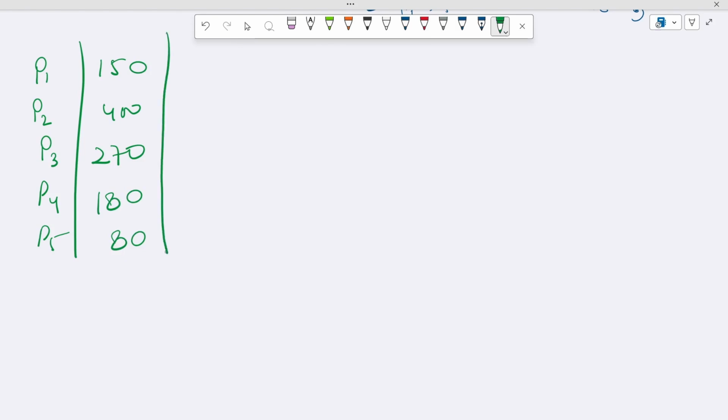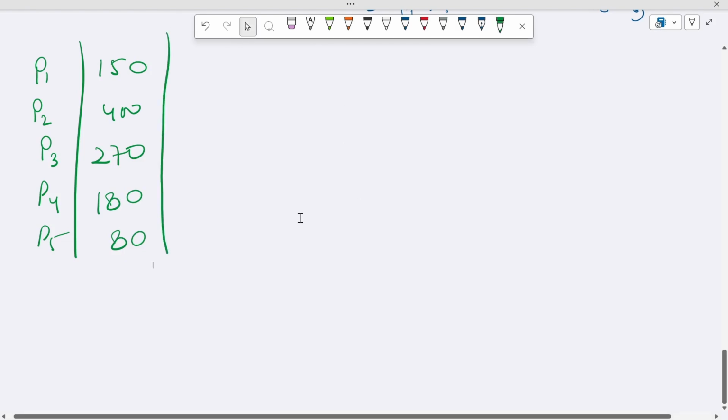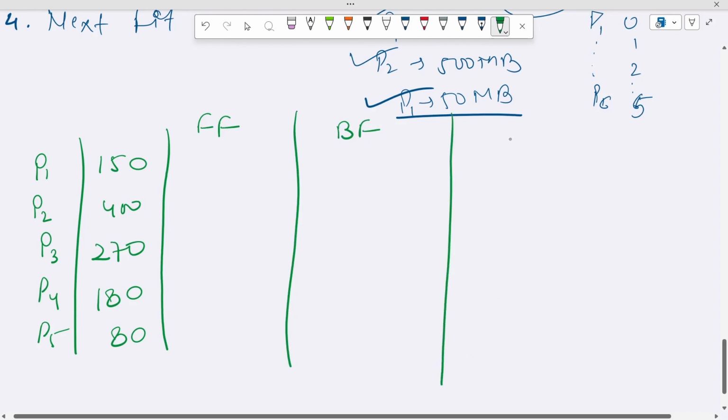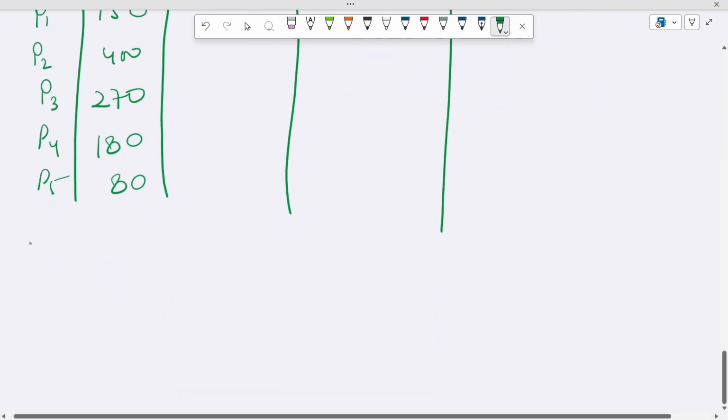Now, what you have to do is apply first fit, best fit, and worst fit. Okay. Now, the main memory spaces look like 100 MB, 250 MB, 200 MB, 500 MB, 300 MB.